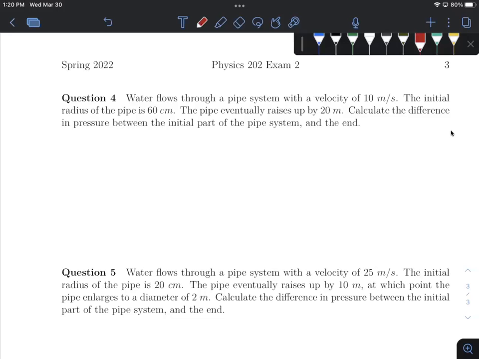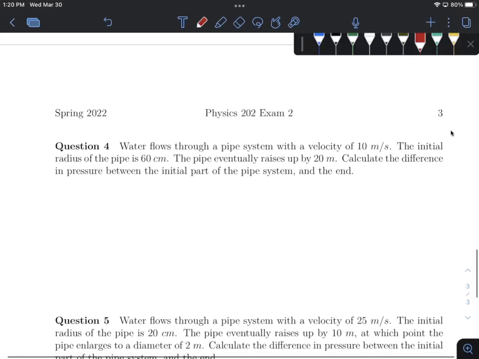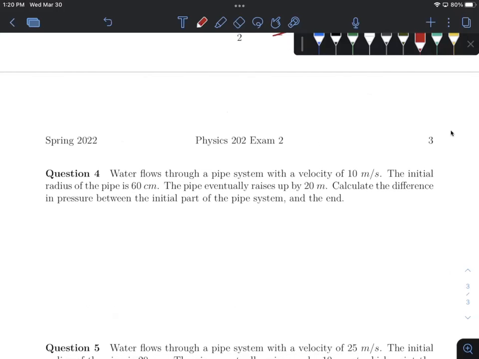Well, before I go ahead and do the calculation, let's draw what this may look like. If I were to draw this out, we have a pipe. The radius of the pipe is 60 centimeters, so R is 0.6. And the velocity is 10 meters per second. Then we're told the pipe raises up by 20 meters.